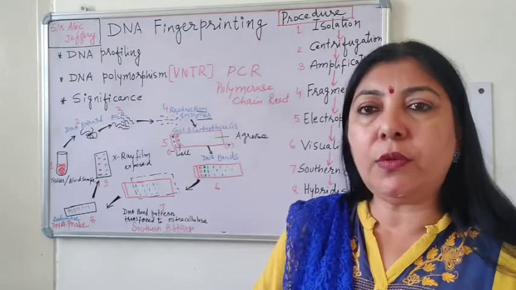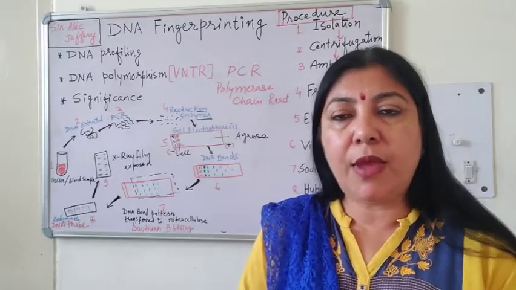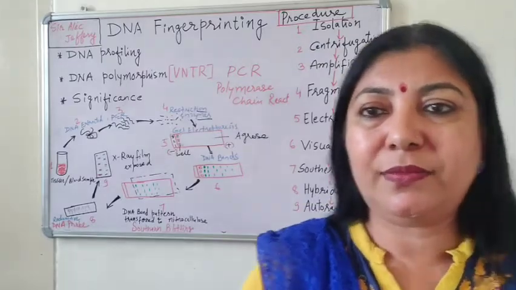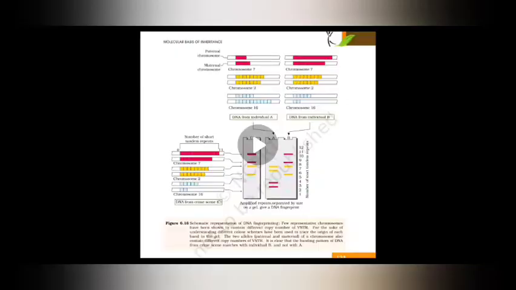Now we will switch over to your textbook, where this complete process of DNA fingerprinting is given. Let us now very quickly recapitulate the whole process which is given in your book. So this diagram shows the complete sequence of DNA fingerprinting.